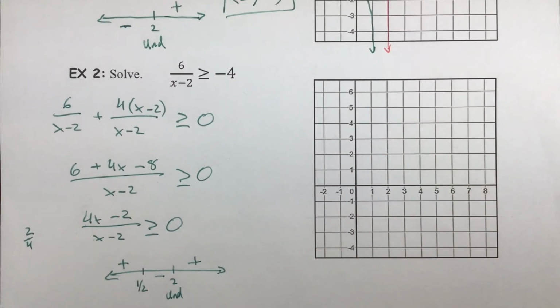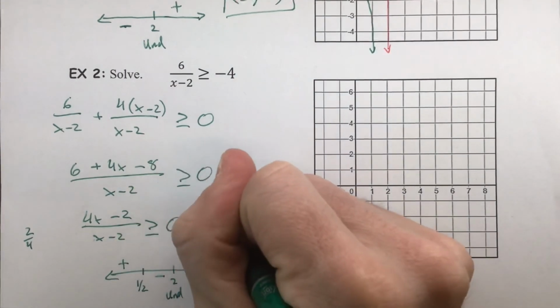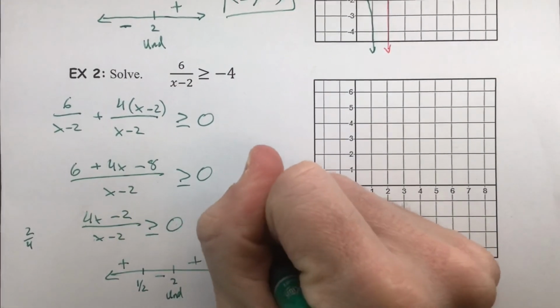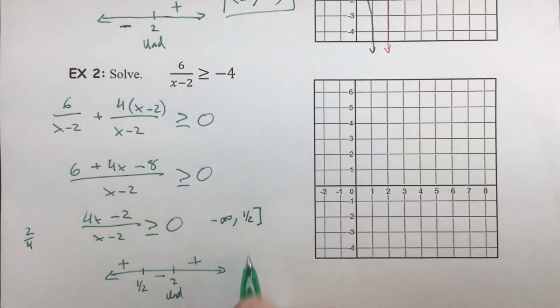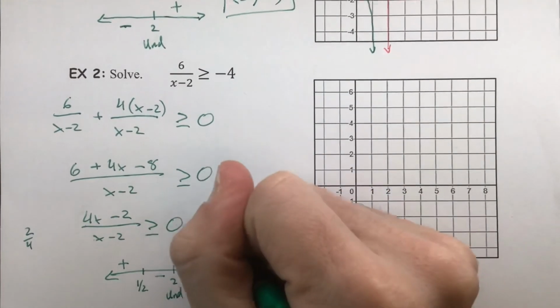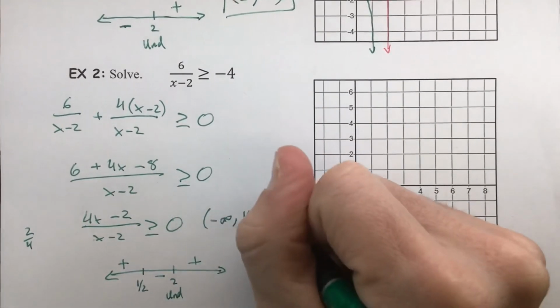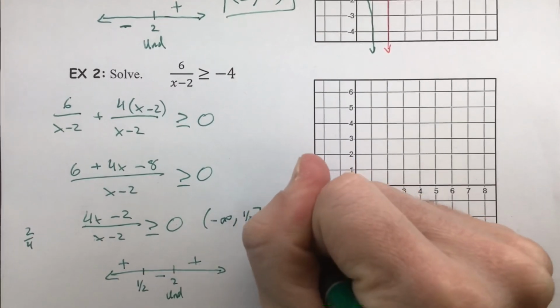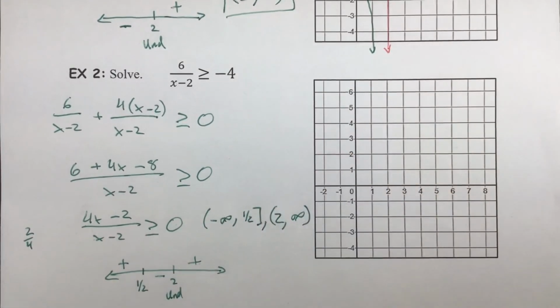So if we want the values of x that'll make this greater than or equal to 0, that would be these positive sections and this root that we have. Okay, so we're going to get negative infinity up to 1/2. That's going to be a bracket because it includes it. We also get open to infinity.